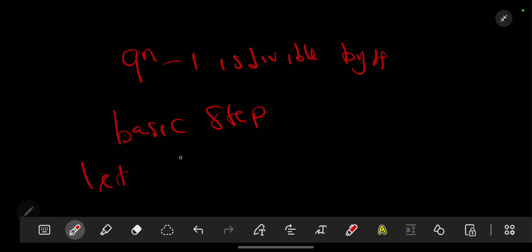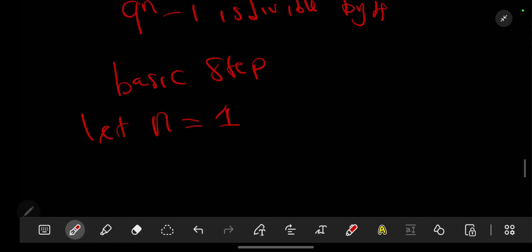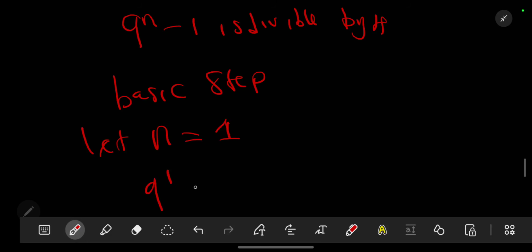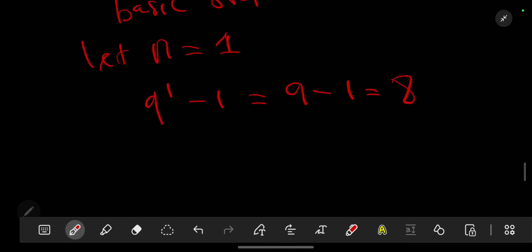We are going to let n be equal to 1. Replacing, we have 9 to the power 1 minus 1, which is equal to 9 minus 1, which is equal to 8.